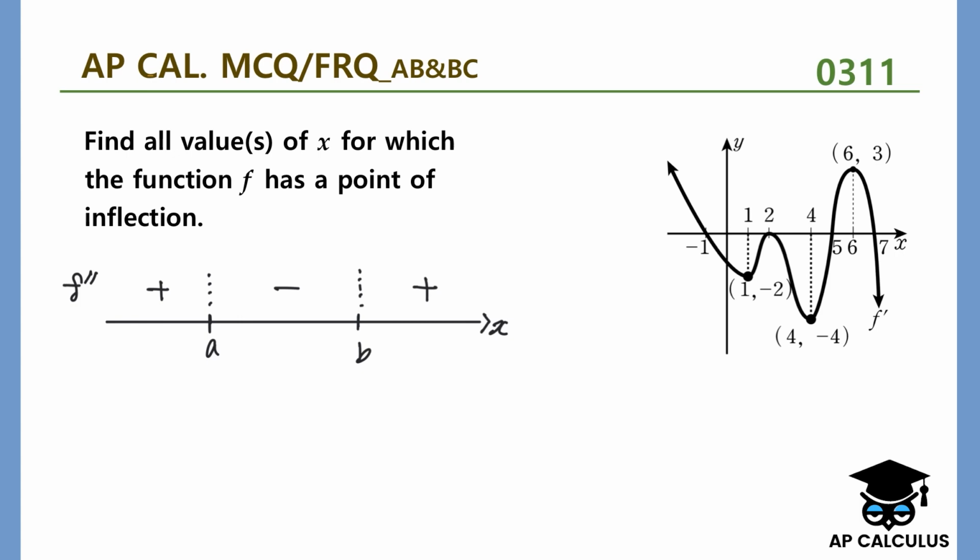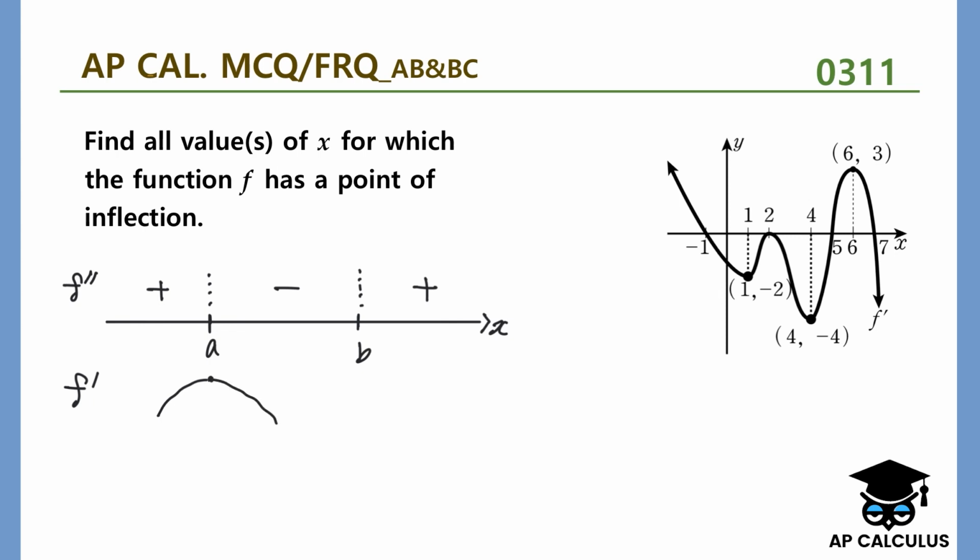Here remember f double prime is positive when f prime is increasing, right? So here, in this interval, f prime increases. If f double prime is negative, f prime decreases, right?